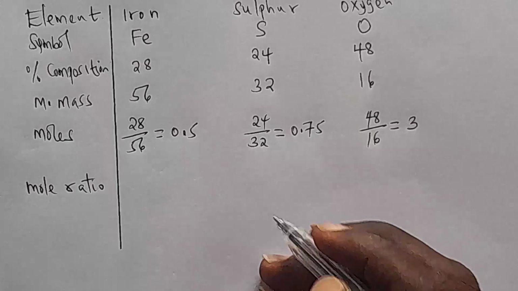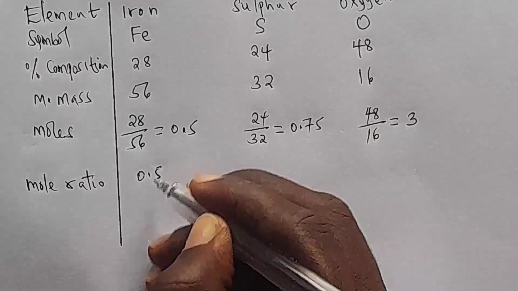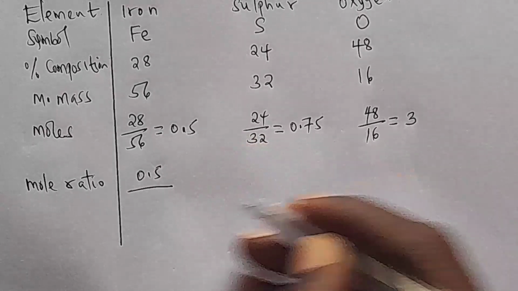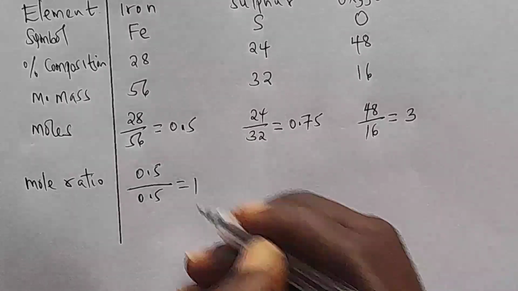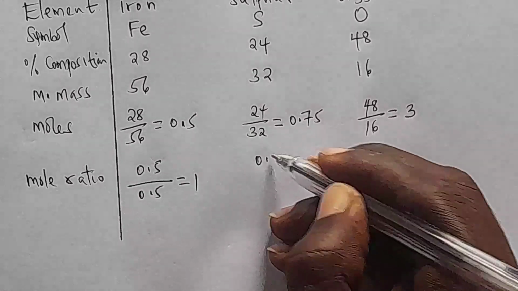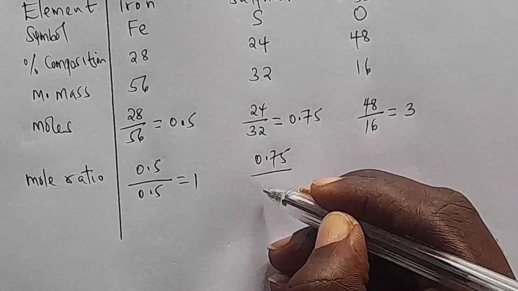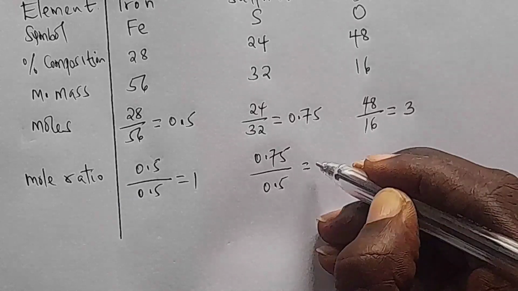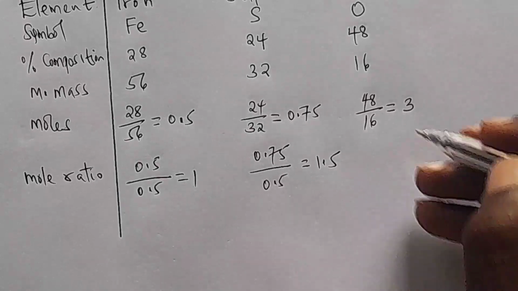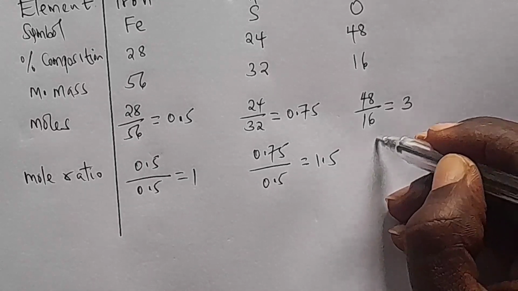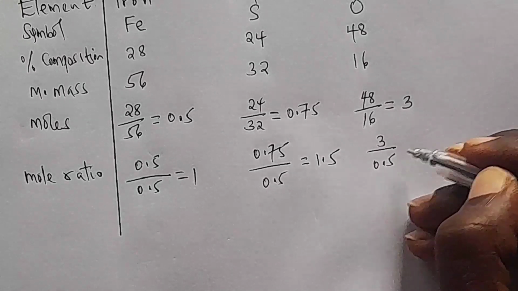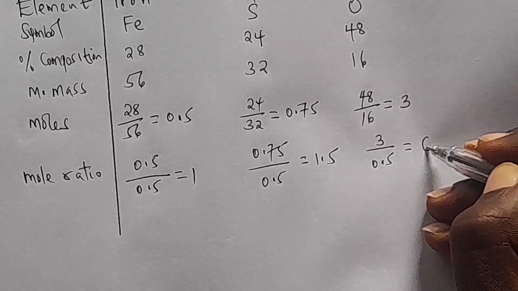So to get the mole ratio I start first with 0.5, divided by the least moles, which is still 0.5, and I'm going to get 1 there. So here 0.75 divided by 0.5, I'm going to get 1.5. And lastly here I have 3 over 0.5, and I'm going to get 6.